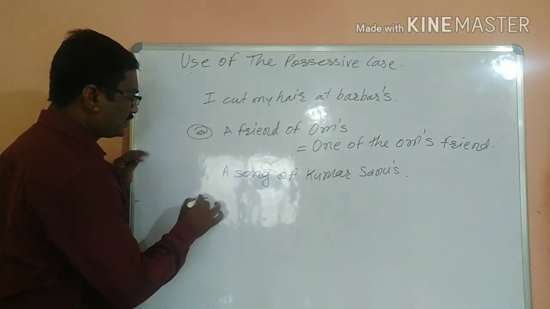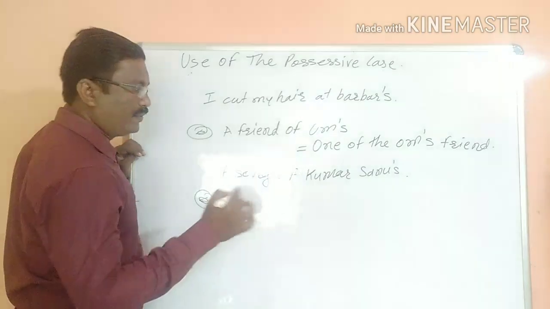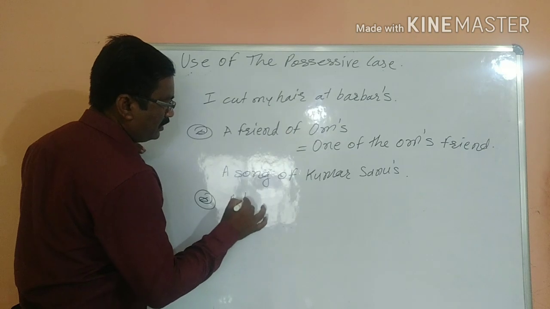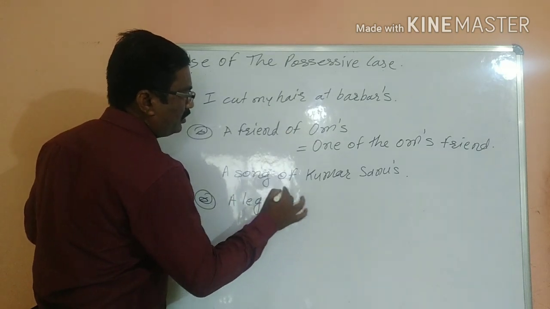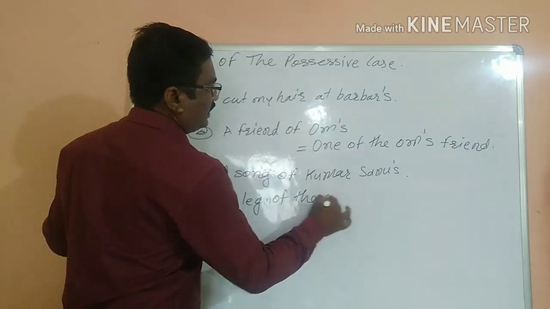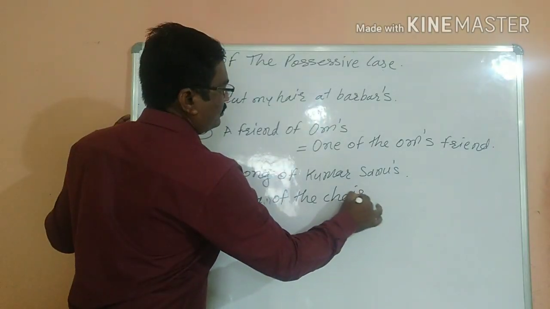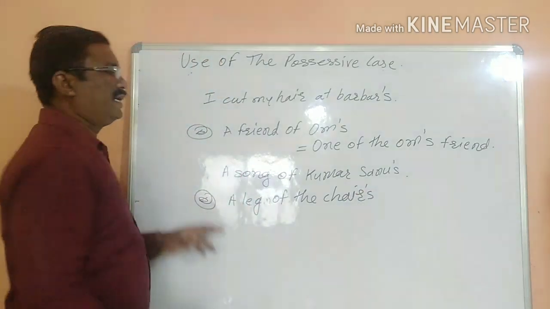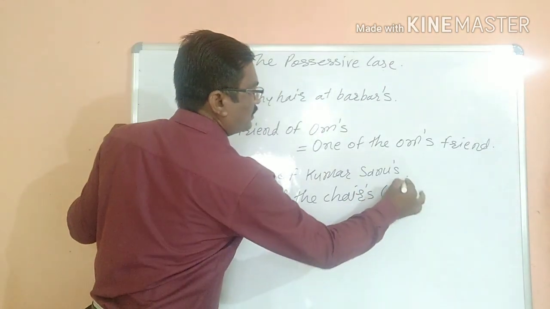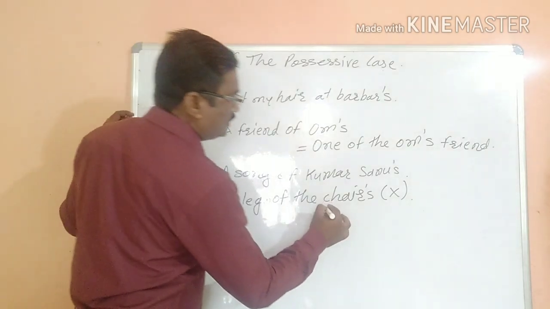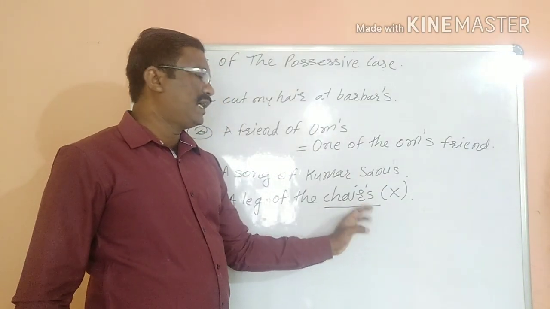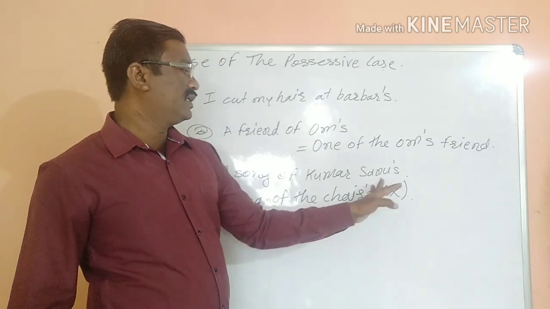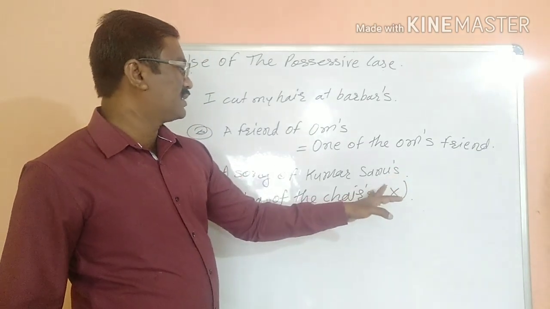You should not say a leg of the chair's. If you say this, it is wrong, because chair is not a living thing, it is a non-living, lifeless thing, so we can't use chair apostrophe s here.